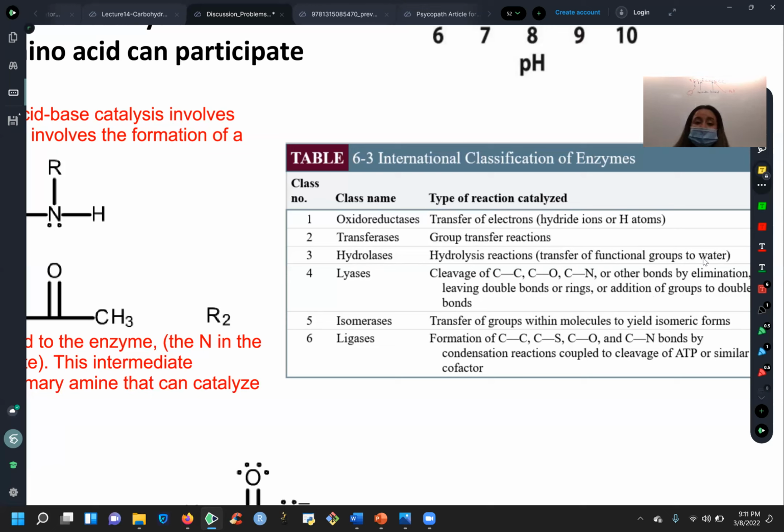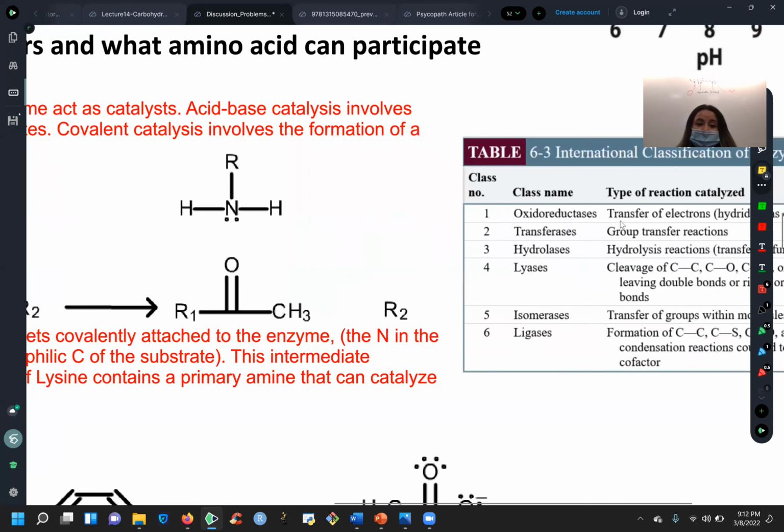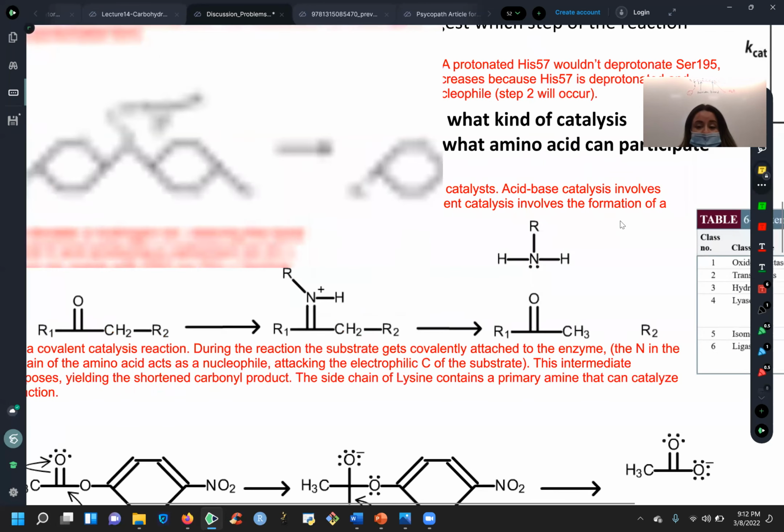So there used to be group A on one thing, and then all of a sudden this other thing has group A. That's a group transfer reaction. Then oxidoreductases: these are transfer of electrons. So you can transfer hydride ions or hydrogen atoms. Okay, so we have a couple of examples here.